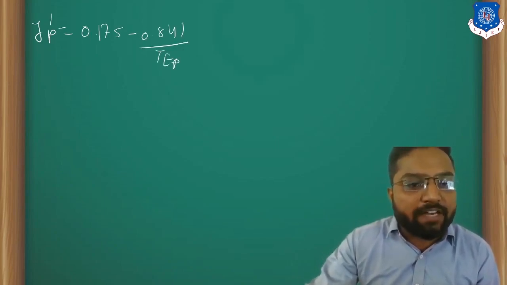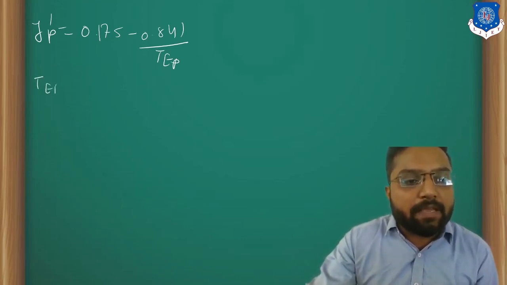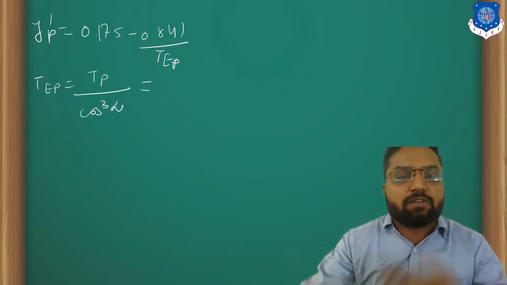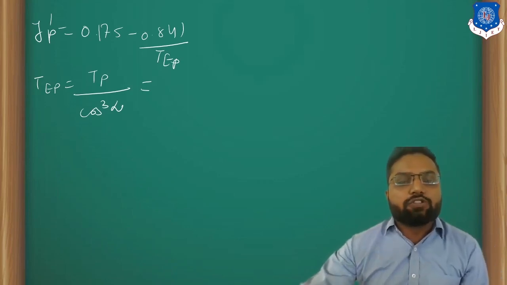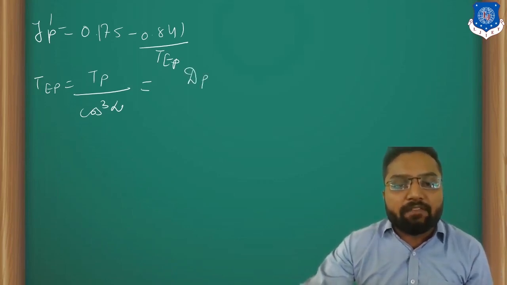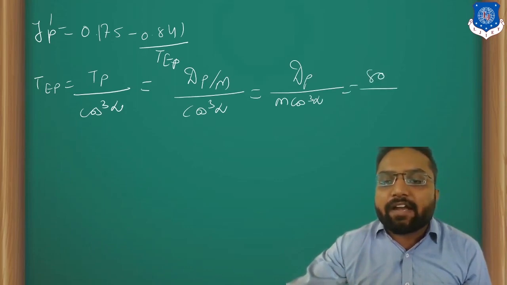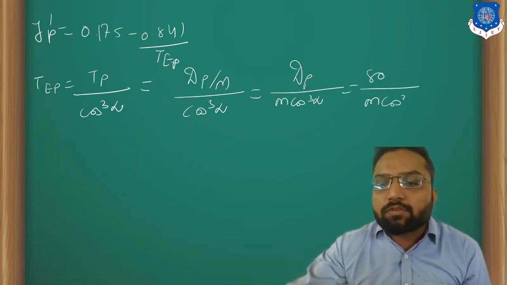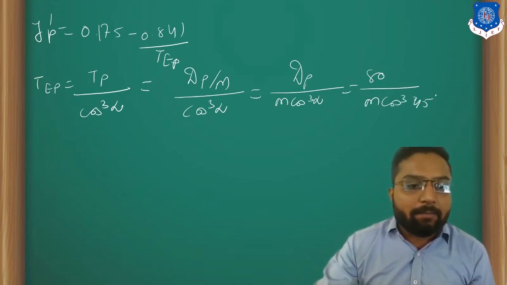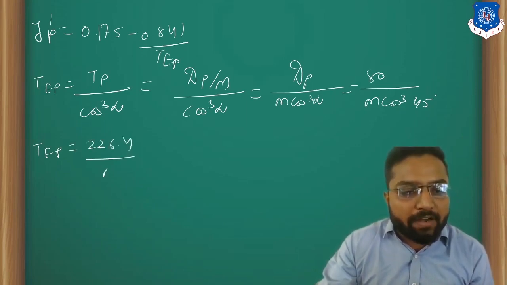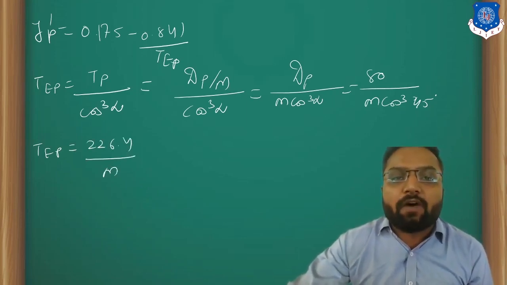So first of all, we have to find the equivalent number of teeth in pinion. So TEP is equal to TP upon cos cube alpha, which we have discussed previously. We don't have TP, so DP divided by module is TP. So ultimately DP divided by m cos cube alpha, DP is 80 divided by m cos cube 45 degree. So ultimately TEP will come out as 226.4 divided by module.